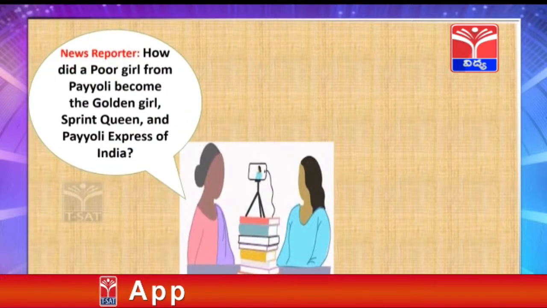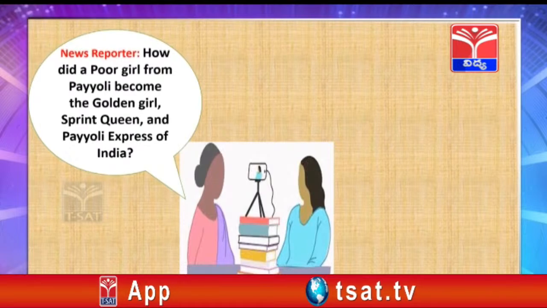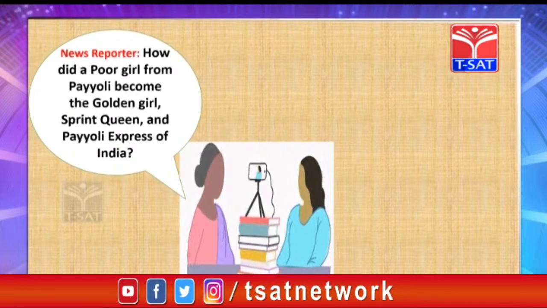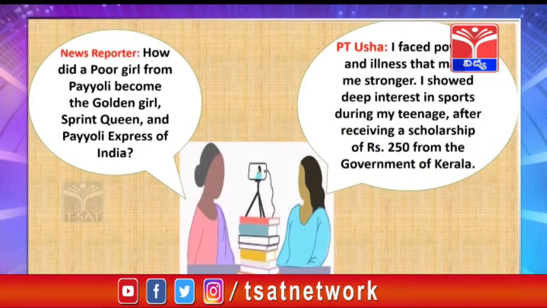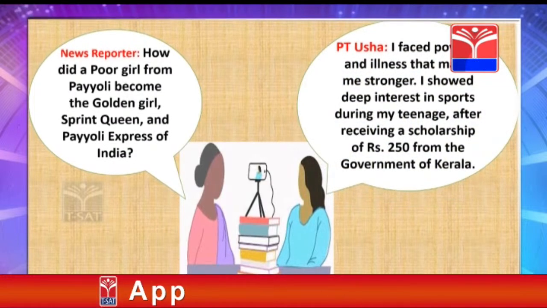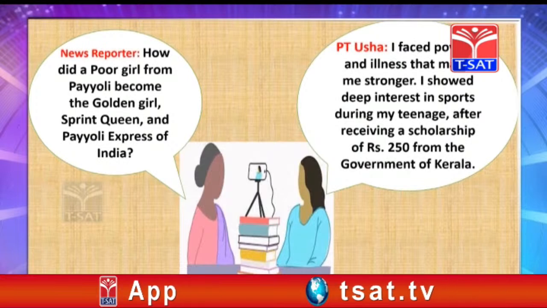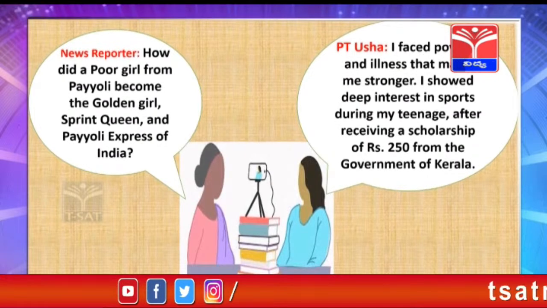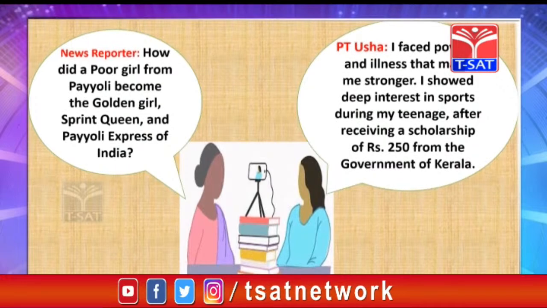How did a poor girl from a small village become the golden girl, sprint queen, and express of India? I faced poverty and an illness that made me stronger. I showed deep interest in sports during my teenage after receiving a scholarship of rupees 250 from the government of Kerala.